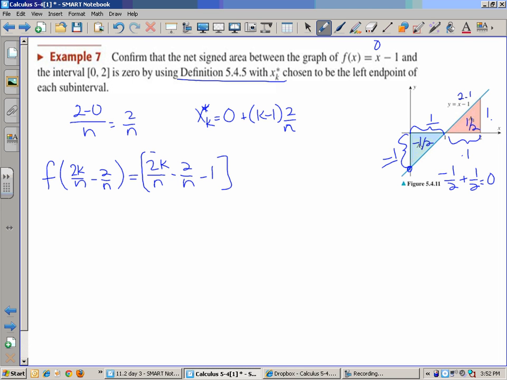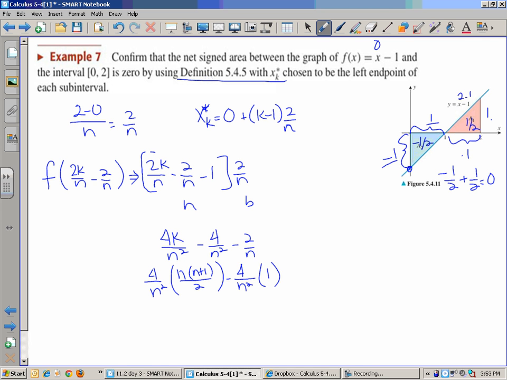I multiply that by my height and my base, which is 2 over n, and I'm going to get 4k over n squared minus 4 over n squared minus 2 over n. Then I'm going to use the summation formulas. The k formula says n times n plus 1 all over 2, times 4 over n squared, minus 4 over n squared times n, minus 2 over n times n.